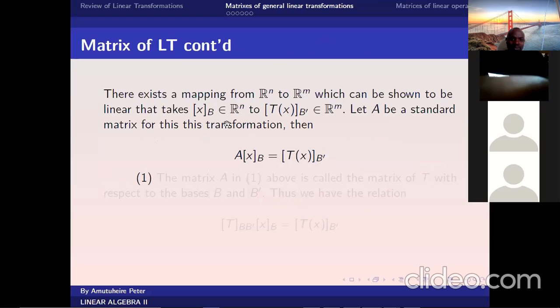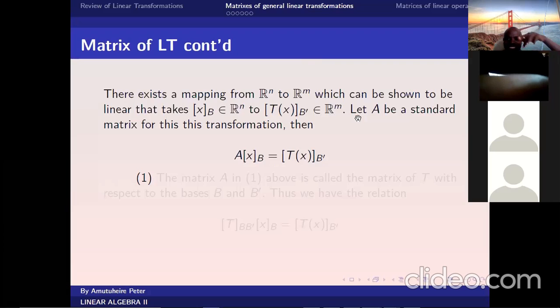That map takes these vectors in Rn to these vectors in Rm. It takes [x]_B in Rn to [Tx]_B', the image of x.